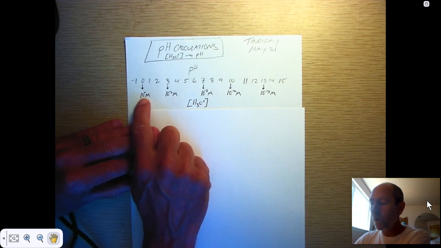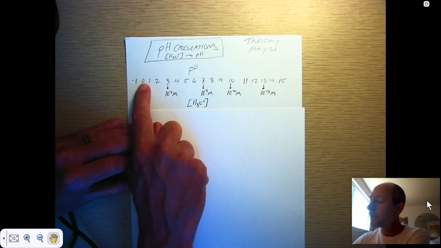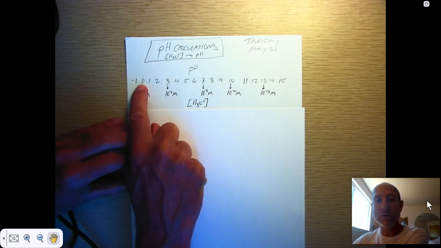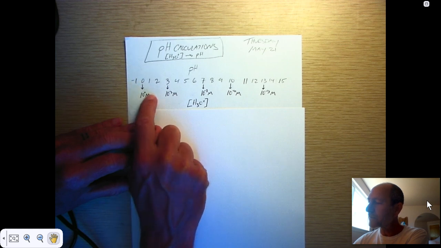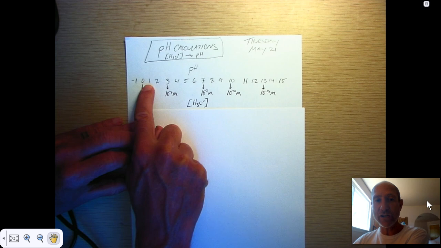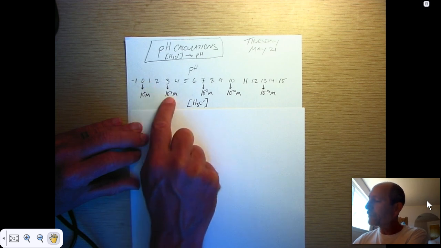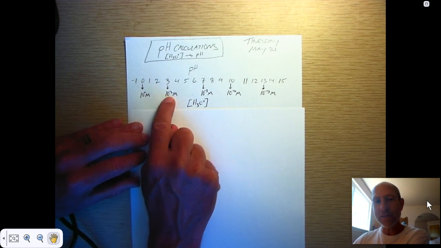So this is 1 molar right here. If you have a hydronium ion concentration of 1 molar, that corresponds to a pH of 0. If it's 1/10 molar, that's a pH of 1. If it's 1/1000th molar, that's 10 to the -3 molar.